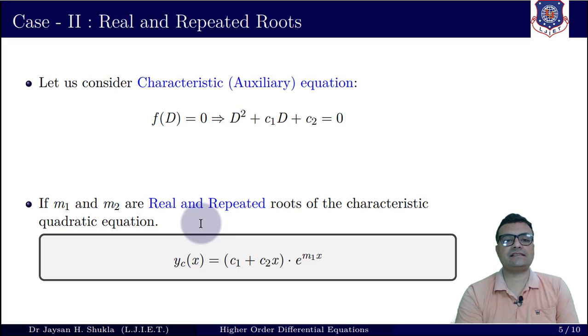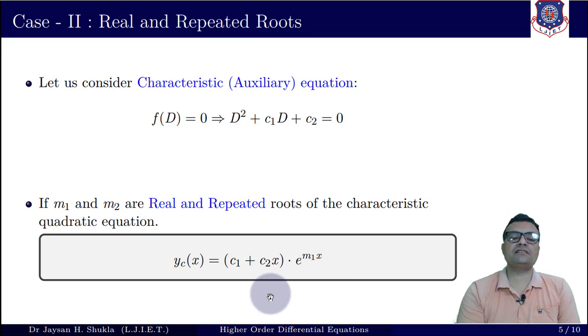In such cases, we need to write the complementary function in this way: (c1 plus c2 times x) into e raised to m1 x. You should always remember one thing while finding complementary function, that the total number of arbitrary constants in any complementary function is always equal to the order of the given differential equation.